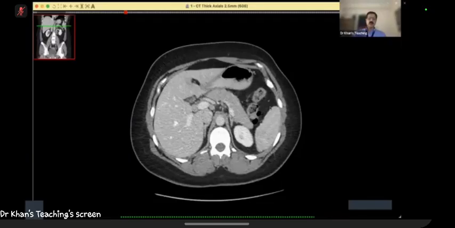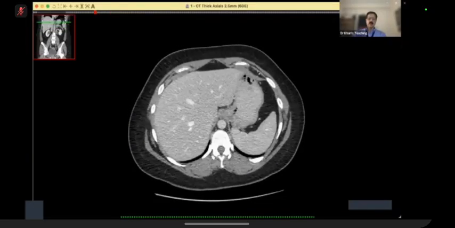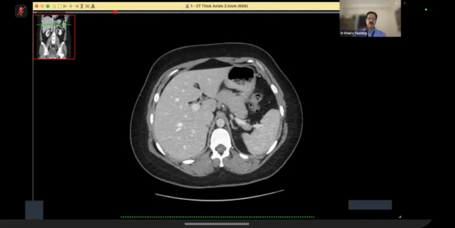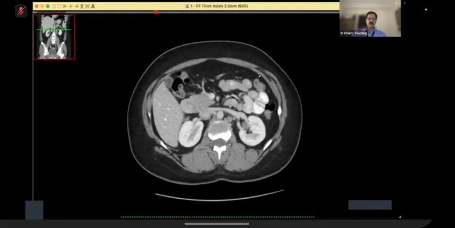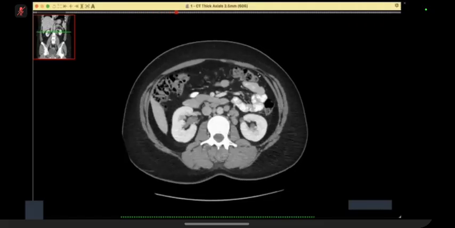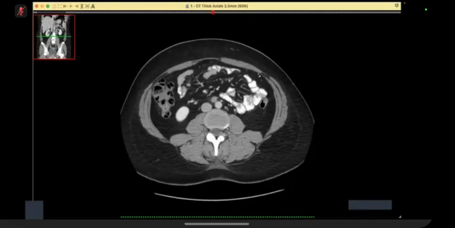Okay. So now I've got the abdominal part, whole abdomen. I am scrolling for you. So this is an axial cluster of an abdominal CT in the portal space.